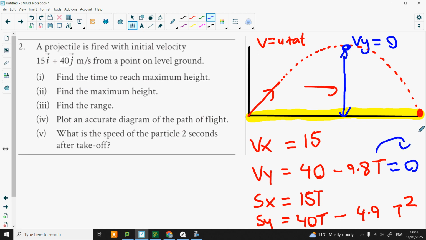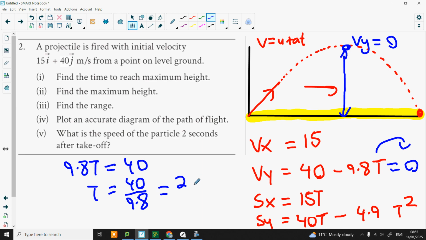I'm just going to say it's 9.8t equals 40. And somebody do 40 divided by 9.8 for me. Keep as a fraction. Fractions are better. 200 over 49. That's the time to reach your maximum height.